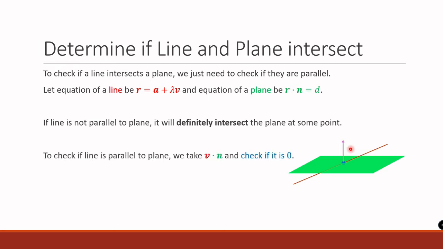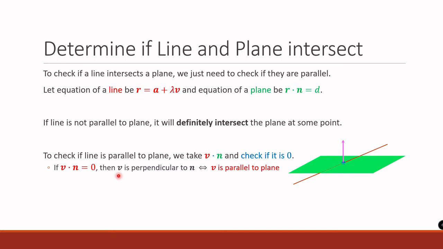So to check whether the line is parallel to the plane, what I can do is take the direction vector of the line and dot it with the normal vector. Let's say it equals 0. Equals 0 tells me that v and n are perpendicular. Remember, this is the property of the dot product.